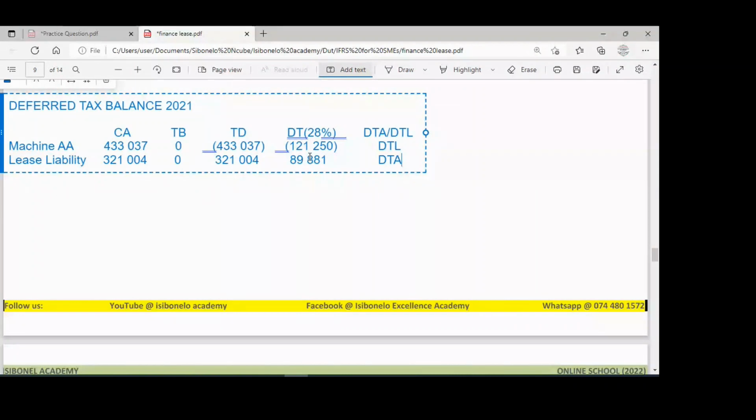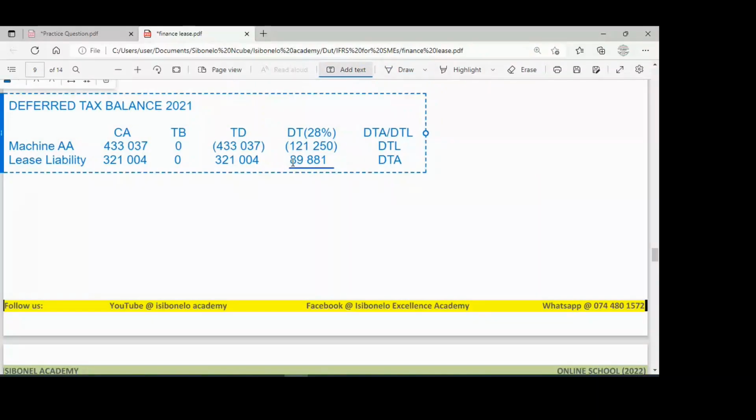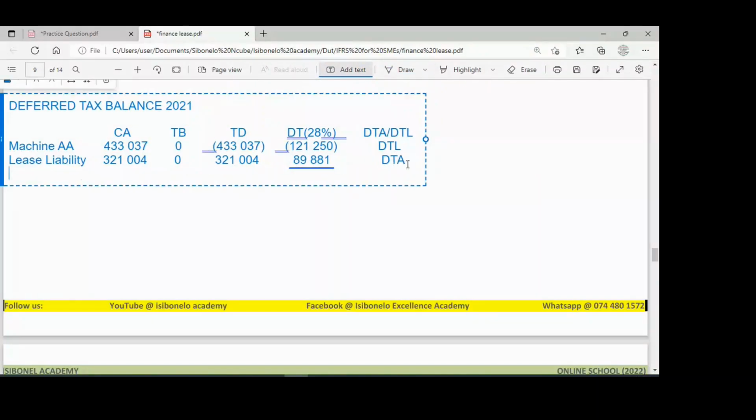So now since you're going to that deferred tax balance, uma usufuna that deferred tax balance uza nje kule column ema deferred tax. Ushaye the difference between laba boy two. Negative 121,250 bese uthi positive 89,881 kuzophuma negative la, negative ba umthola 31,369.